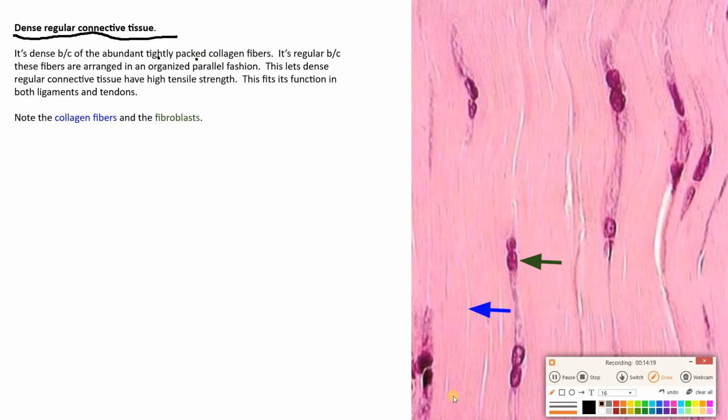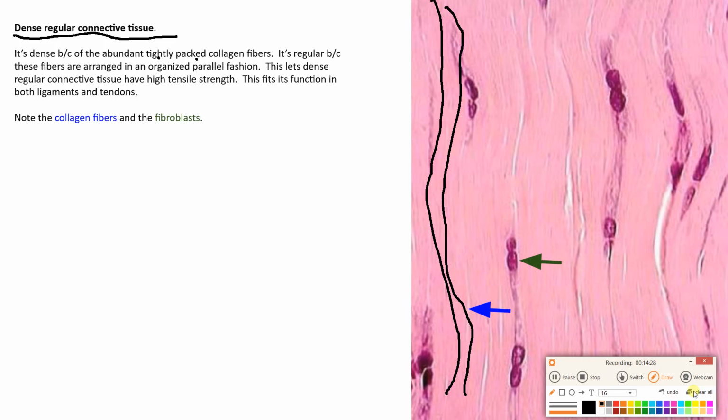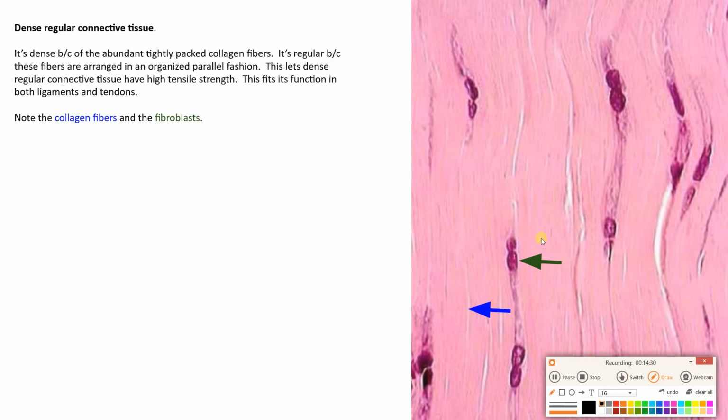So in this picture here, all the pink here, there are pink lines running vertically, and those are collagen fibers, and they're all packed together tightly. That's why we use the word dense. We use the word regular because all the fibers in this picture are going in the same, vertical direction here. So they're parallel to one another.